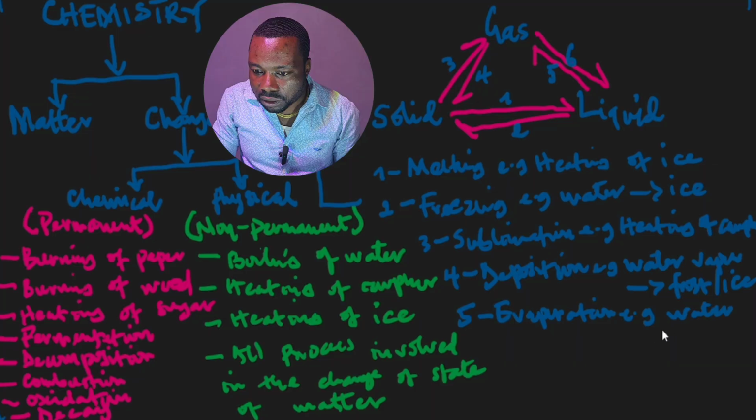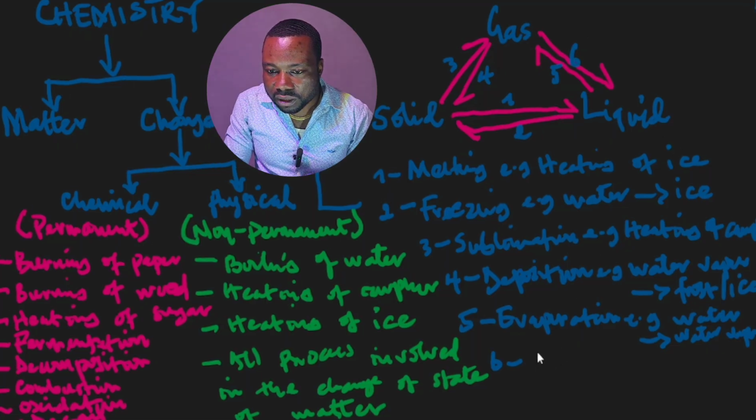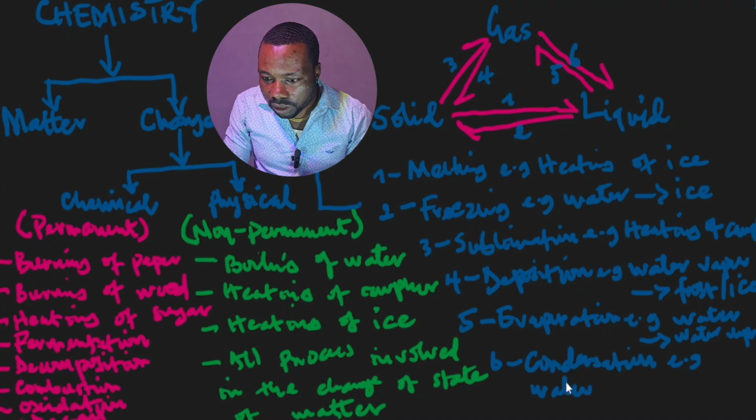Example here is water changing to water vapor. And lastly, the sixth process is a gas changing to a liquid. We call it condensation. Example is water vapor changing to water.